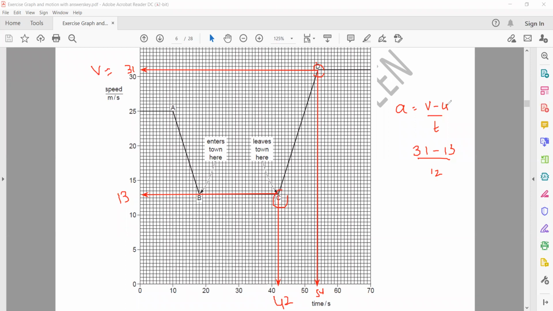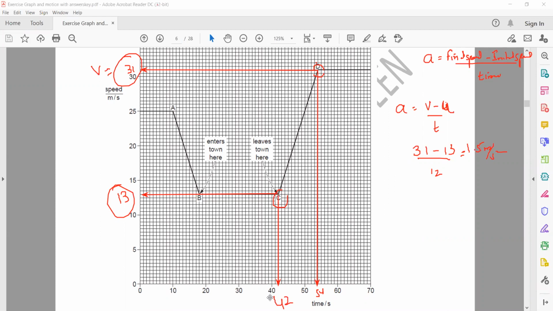The formula for acceleration is the final velocity or final speed minus the initial speed divided by the time. So the final speed is 31, the initial speed is 13, and the time interval is 12. So we get this acceleration as 1.5 meters per second squared.